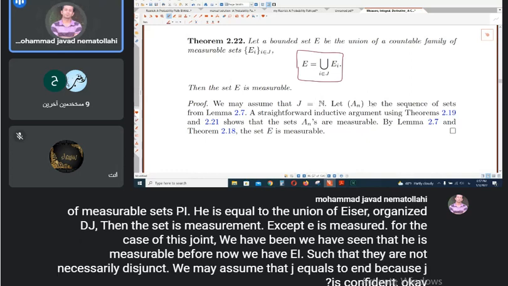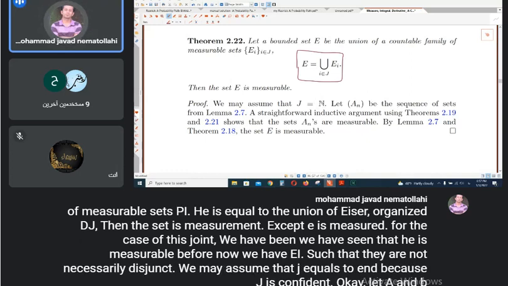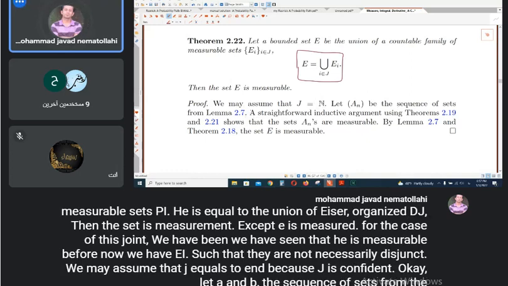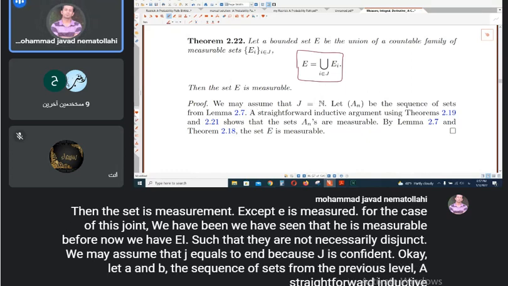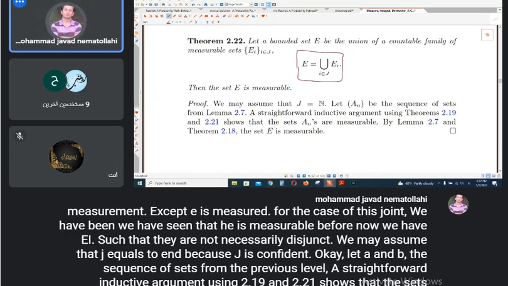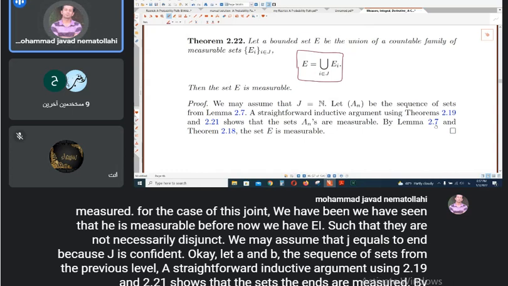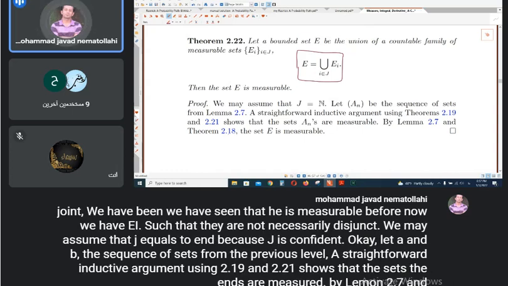Okay, let A_n and B_n be the sequence of sets from the previous lemma. A straightforward inductive argument using theorems 2.19 and 2.21 shows that the sets B_n are measurable. By lemma 2.7 and theorem 2.18, the set E is measurable too.